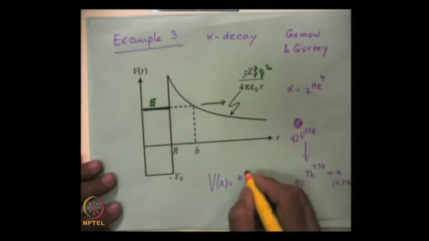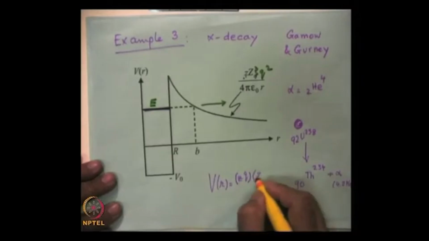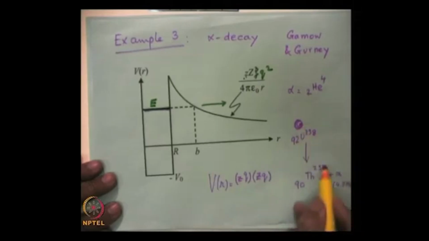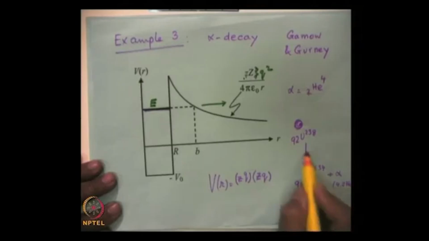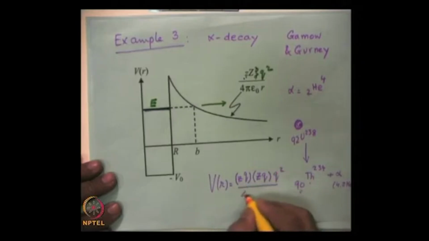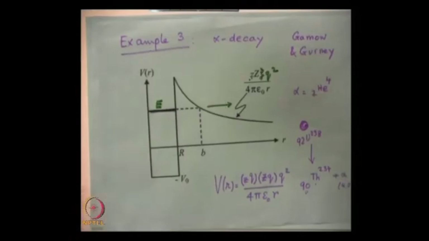So, zq is the charge of the alpha particle, and let us suppose capital Z q is the charge of the daughter nucleus. In this case capital Z is 90, not 92, multiplied by q square by 4 pi epsilon. I am working in the MKS system of units. So, this is the repulsive potential energy function that it sees.